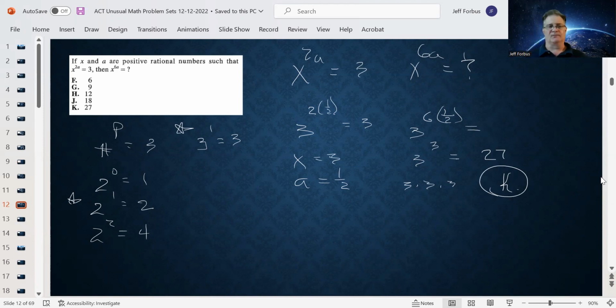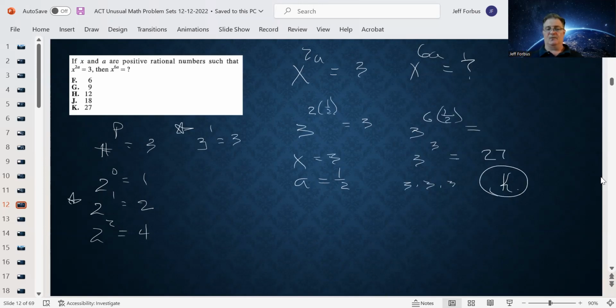This is a good problem to learn from. Look how we had to take the overall idea of exponents and look at it from a fundamental standpoint and apply it to what looks more complicated, right? We took the fundamental ideas and applied them to a more complicated version.